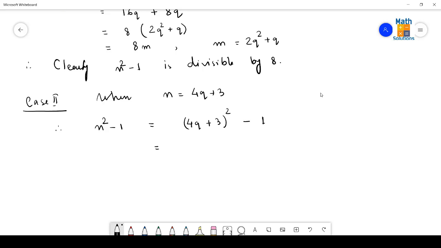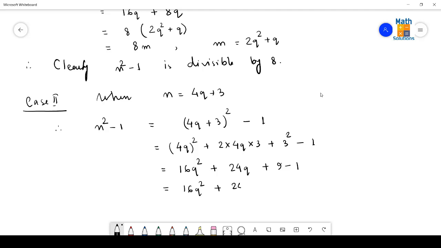Then when broken into the form a plus b whole square, I get 4q whole square plus 2 into 4q into 3 plus 3 square minus 1. Breaking it, I shall get 16q square plus 2 into 4 is 8, 8 into 3 is 24, 24q plus 9 minus 1. So on reduction I am getting 16q square plus 24q plus 8.